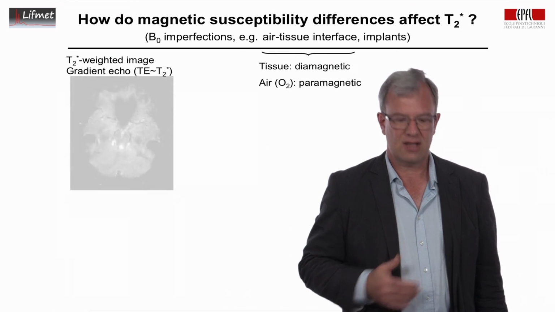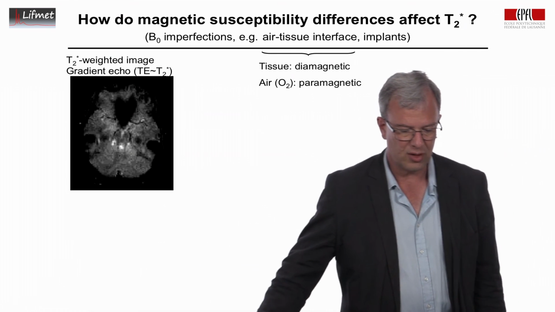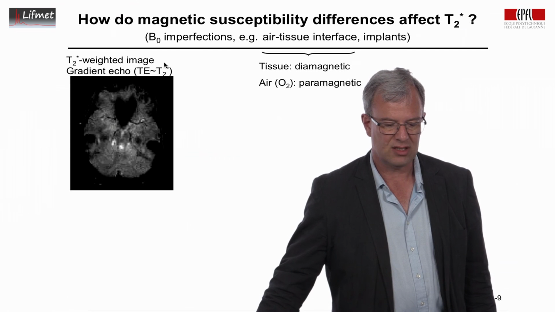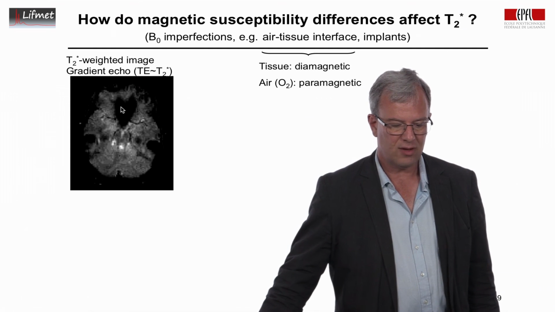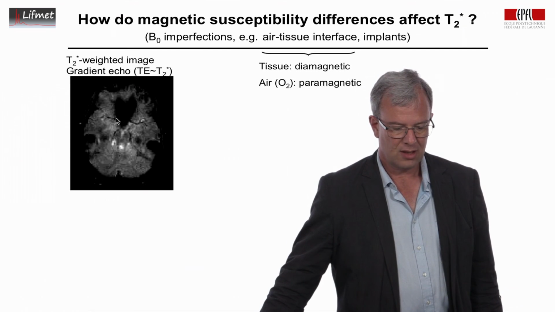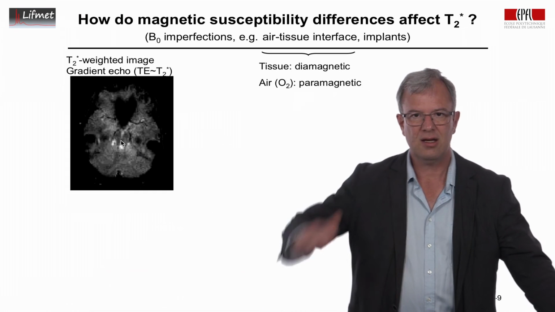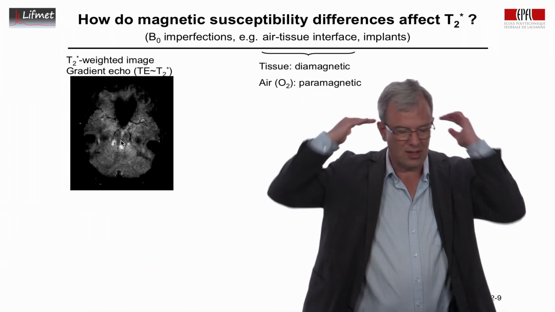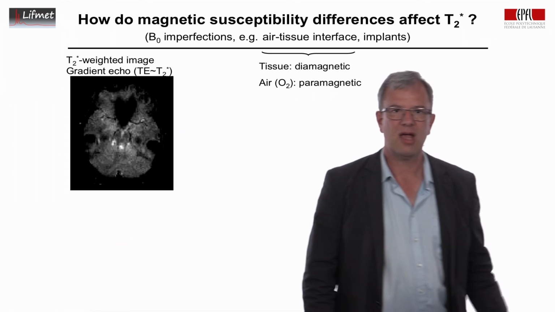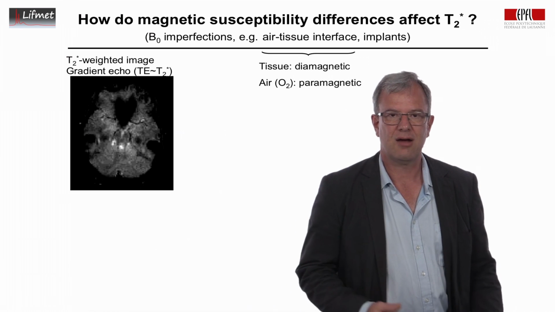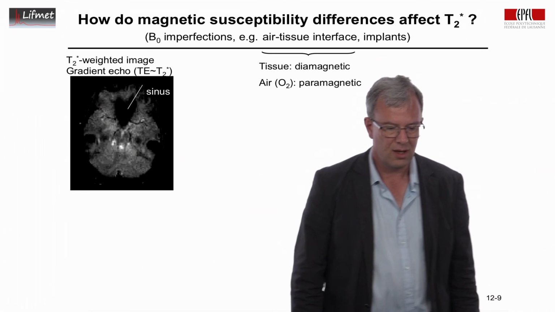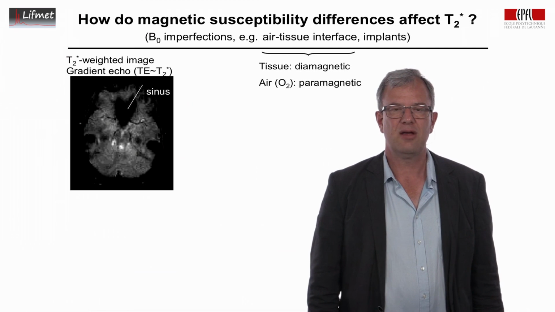And so here is a gradient echo image taken from the brain at a TE that's roughly T2 star. So, and now we can see here different black areas. This is an image of the brain. It's a cut like this, about here. And can you guess what these black areas correspond to? Well, this area up here is the sinus.